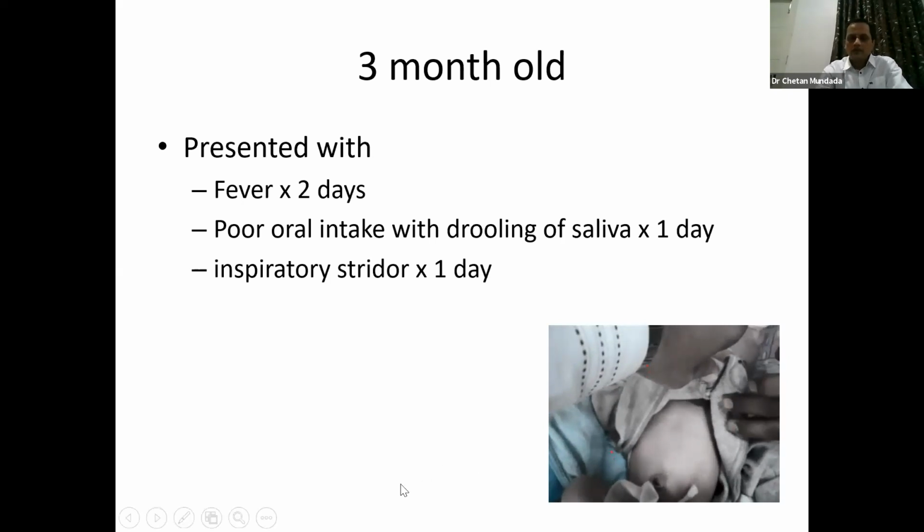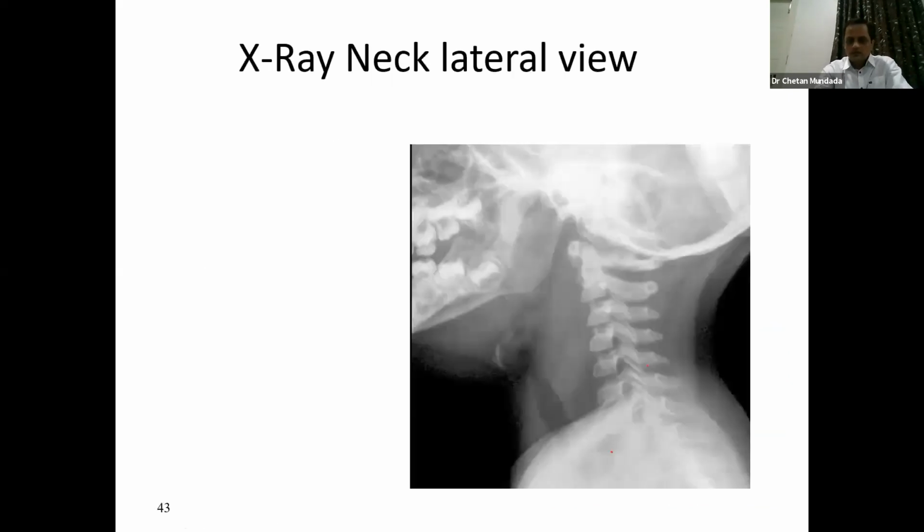So when we have something like this, we basically confirm our diagnosis that this child has got something which is placed here. The prevertebral space is much widened.